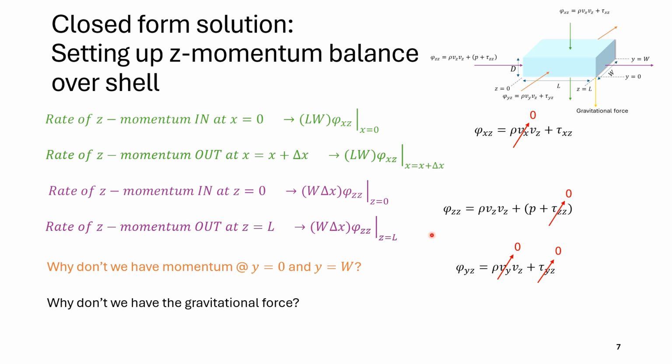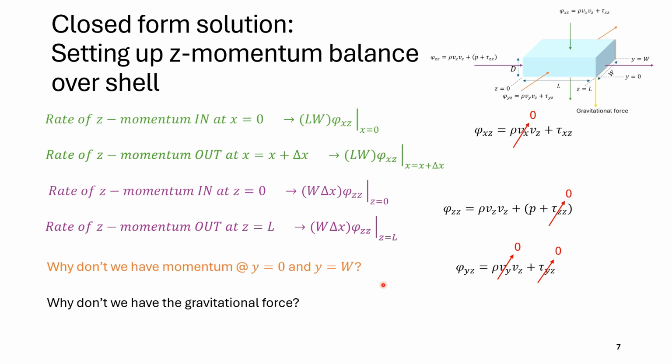So now the question is, why don't we have momentum transport in the y direction? Because there's no velocity gradient in y, the momentum transport in y becomes 0. So this term becomes 0, and since we don't have a velocity gradient in y, this term also becomes 0. And another question would be, why don't we have the gravitational force in this case?